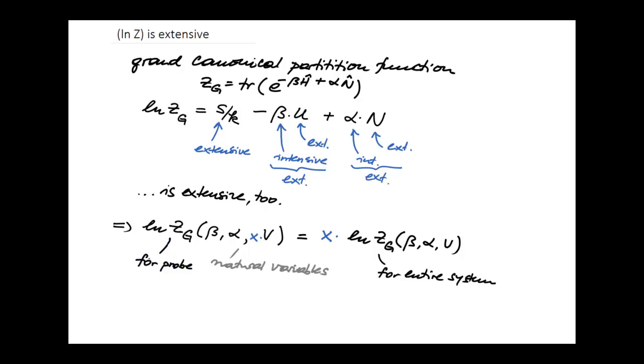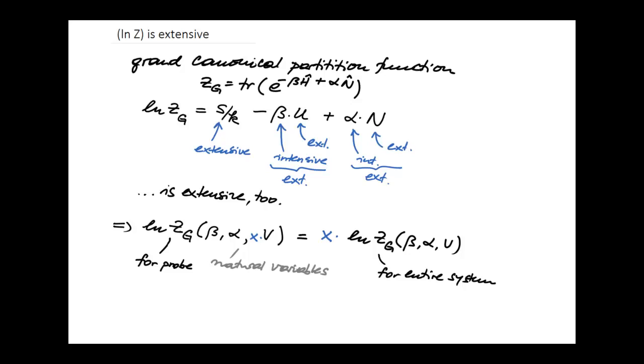And on the left-hand side, we have the log of the partition function for the probe. And as I said, being extensive, this must be a fraction x of the log of the partition function for the entire system. Now, keeping alpha and beta fixed, the log of the partition function of x times v equals x times the log of the partition function of v.